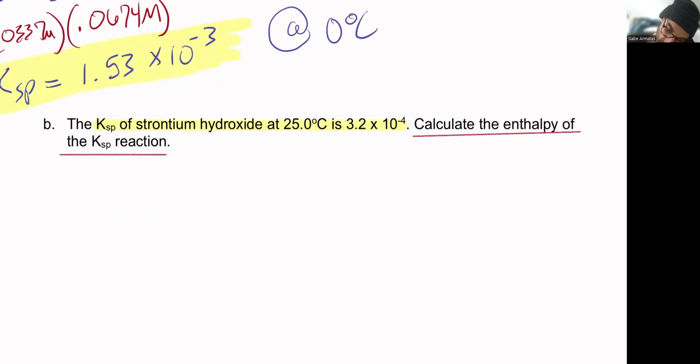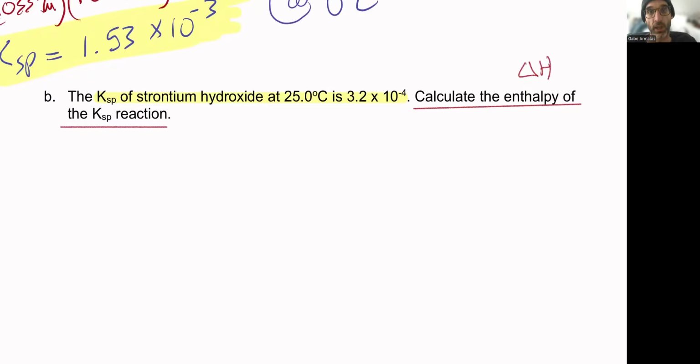So enthalpy is delta H. Okay, we could do delta H. And so let's collect the data that we have. Based on this up here, my Ksp1, I will call that the one from the previous problem, 1.53 times 10 to the negative 3. I will need the temperature as well.